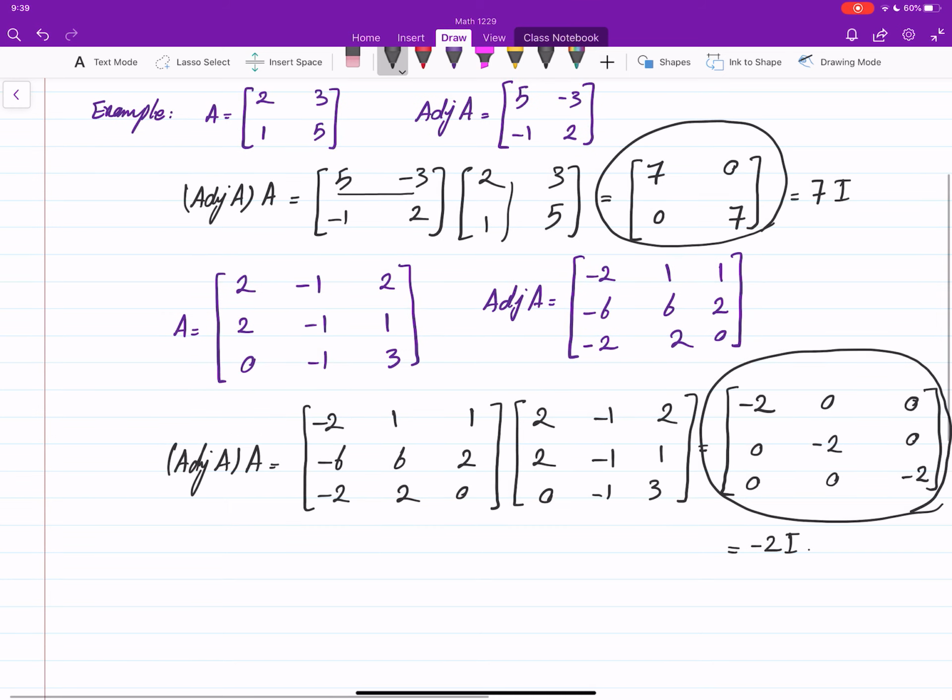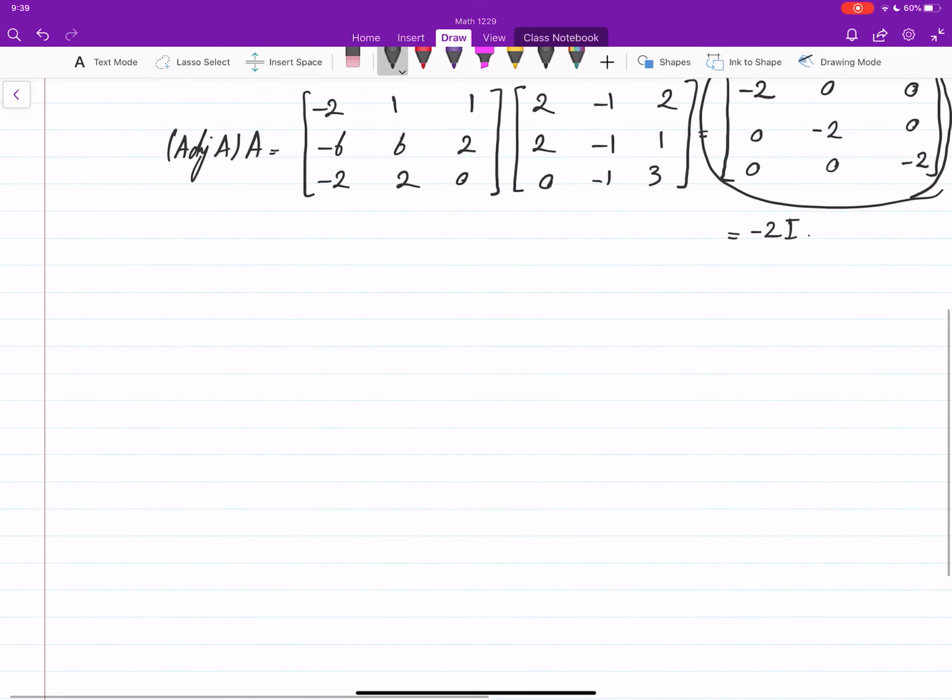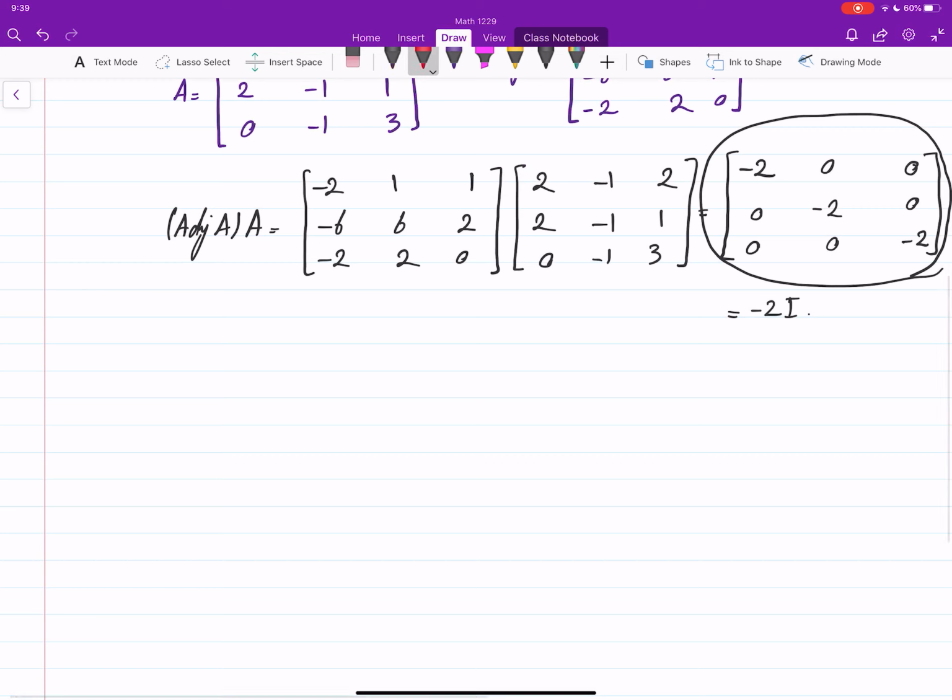Well, this is the key property of the adjoint. This is the theorem, which says that if you multiply the adjoint of any square matrix to the matrix itself, you are always going to get a multiple of the identity.